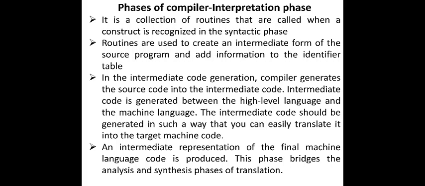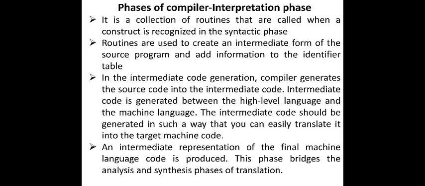As you all know, this is one of the important phases which we use in compiler designing. It is a collection of routines that are called when a construct is recognized in the syntactic phase, that is our second phase. Routines are used to create an intermediate form of the source program and add information to the identifier table.